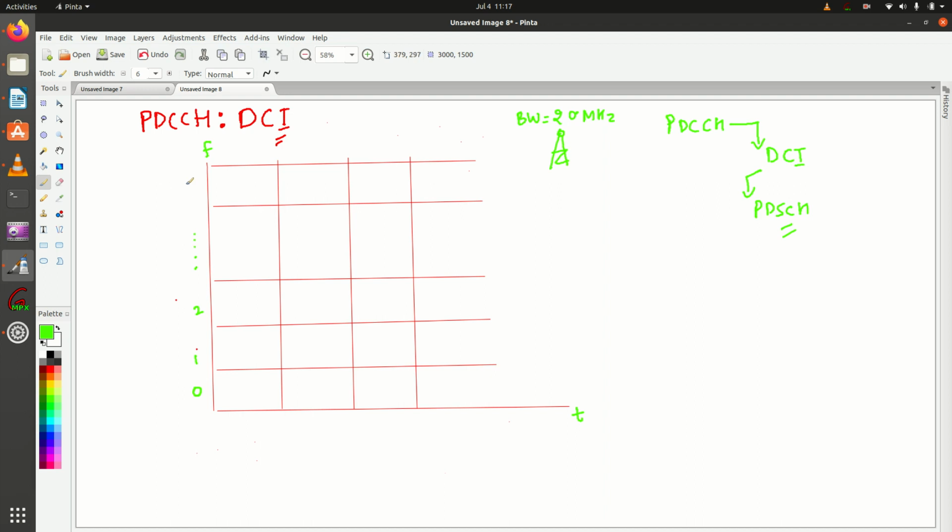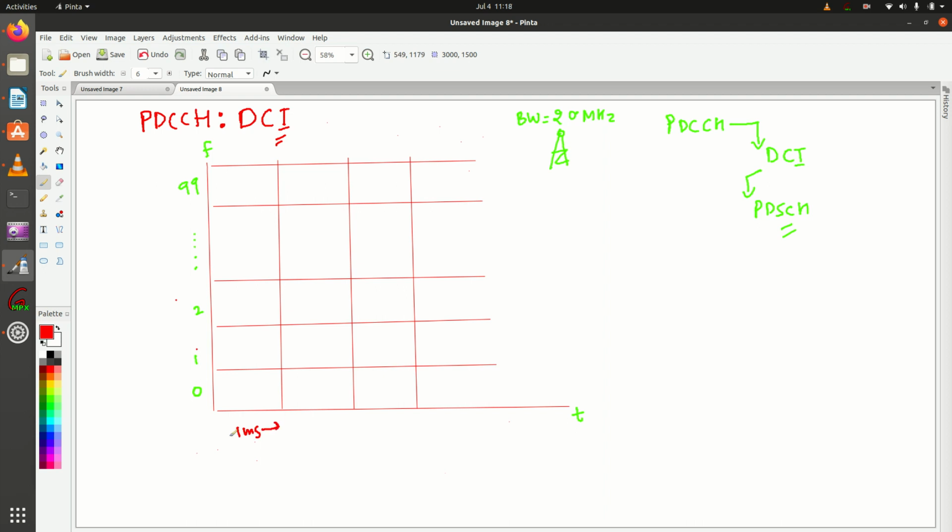So these are the 100 resource blocks in our network. What the E node B has to do is allocate or assign these 100 resource blocks in every 1 millisecond.